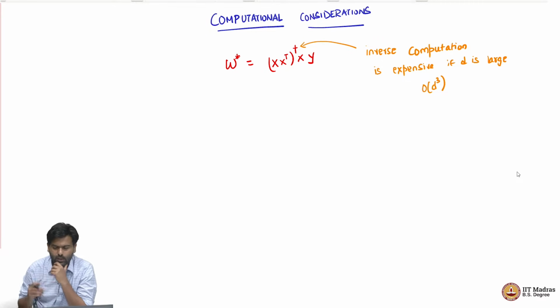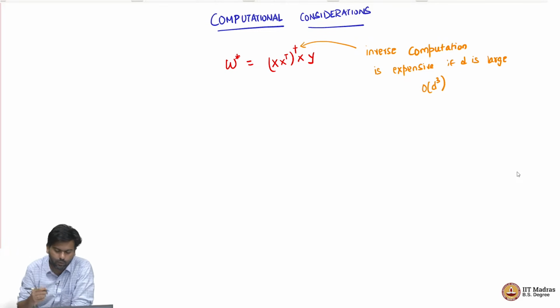So the question is, is there a different way to achieve the same W star without computing the inverse? This is a very practical question that one must ask, because at the end of the day, it's not just the theoretical part that one needs to understand. Of course, the theory builds the foundation, but what challenges might arise when you actually implement it in practice is also something to keep in mind.